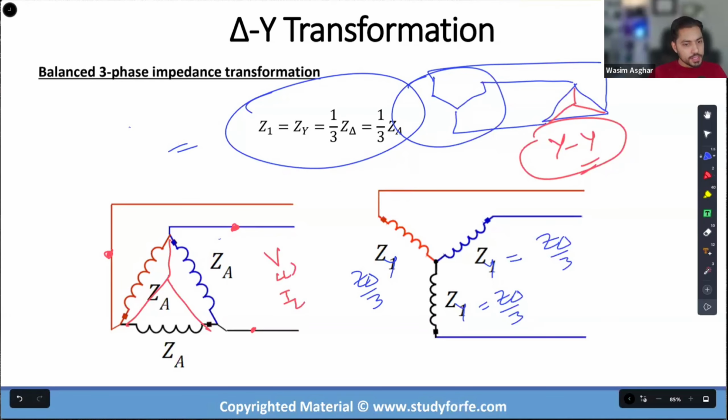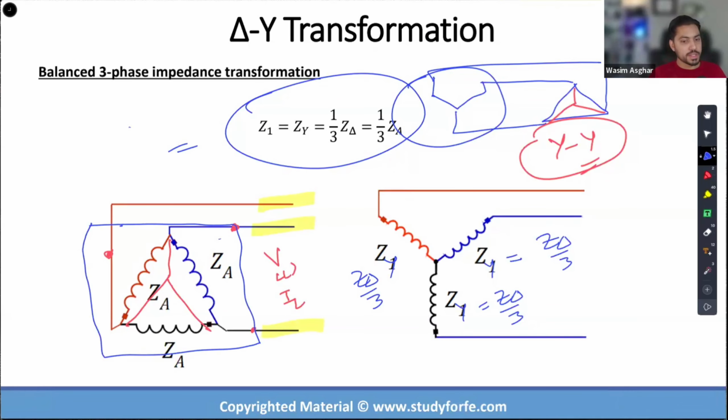So within this black box, however way I want to modify this such that my line quantities are not impacted, it's all good. So this delta-Y transformation, by reducing it by 3 and converting into a Y, will still have the same impact as if the original delta was connected at these terminals.